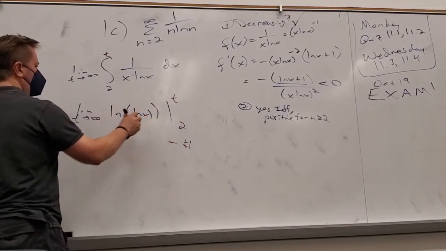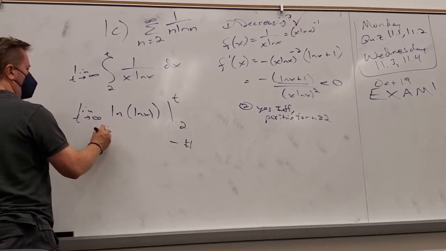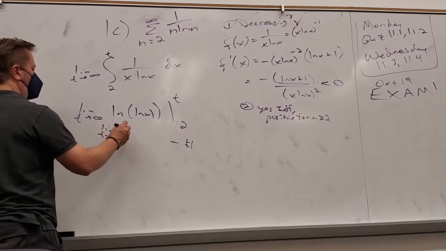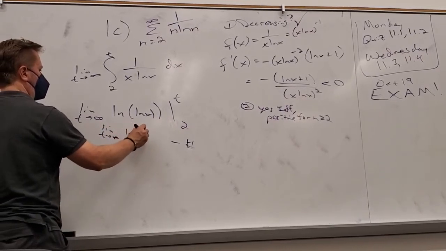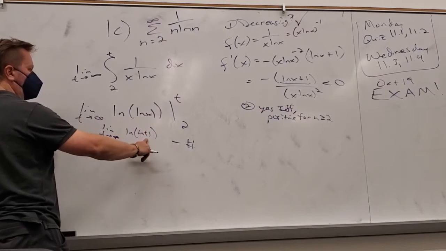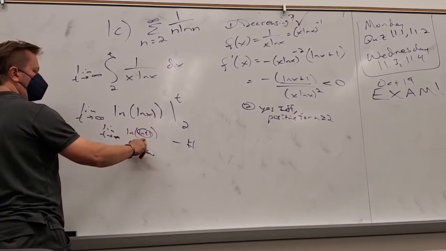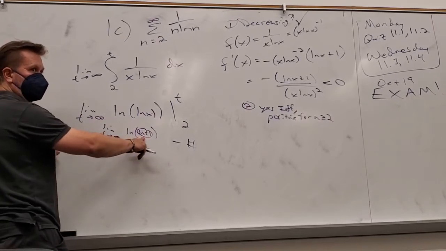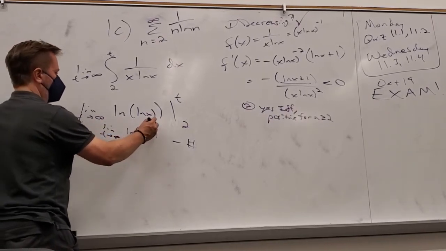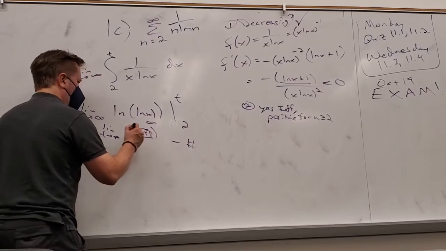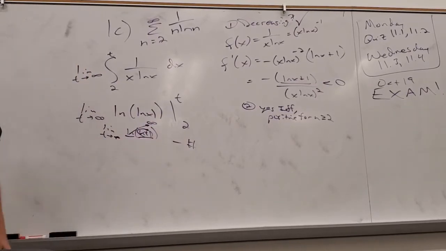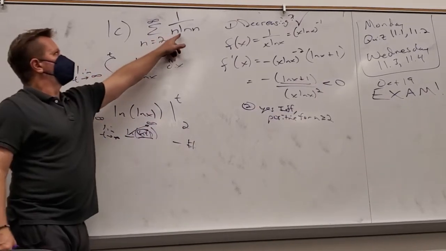And then when I put a t in, it's still going to be infinity. When t goes to infinity, natural log of t goes to infinity, which means natural log of this goes to infinity. So what's true about this then?